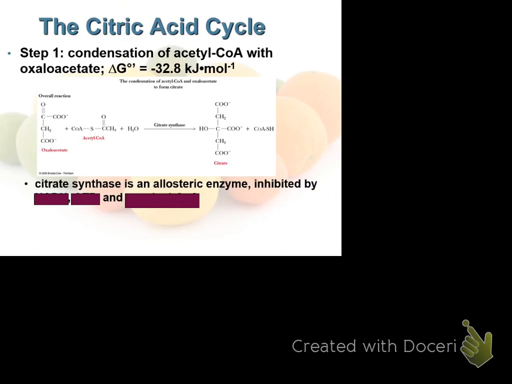Just think in the big scheme of things. Pardon? ATP, and ATP is one of them. What else in the big scheme of things would inhibit it? If you start to have a lot of this, it means you've got plenty of energy. That's why if you have a lot of ATP, you've got plenty of energy. And it's not alanine.